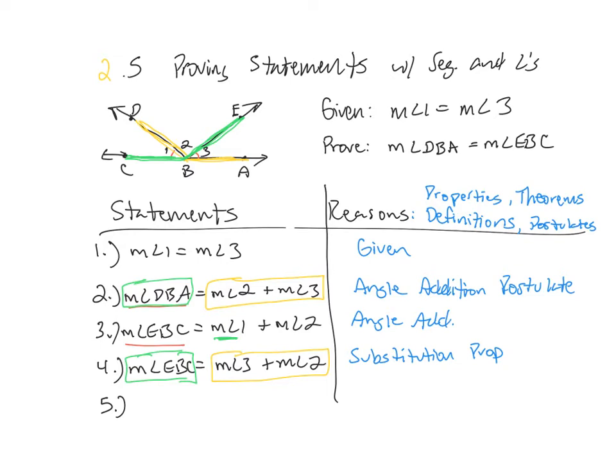So I can say measure angle DBA equals the measure angle EBC. And, well, if DBA is 2 plus 3 and EBC is 2 plus 3, then those two things are equal. That is transitive property. Or I would accept substitution.